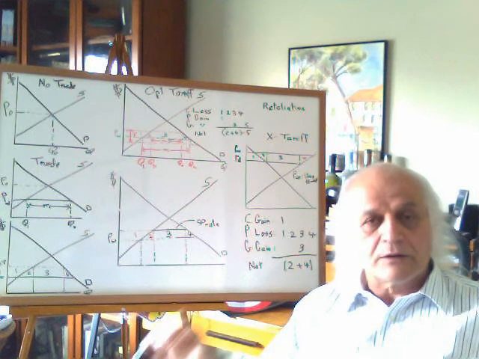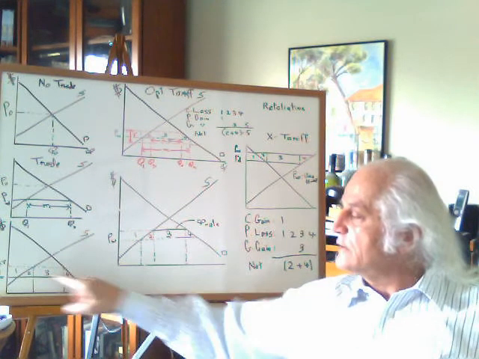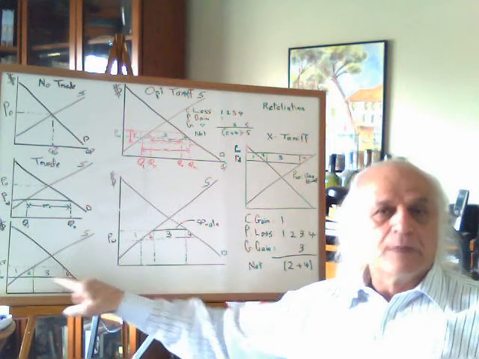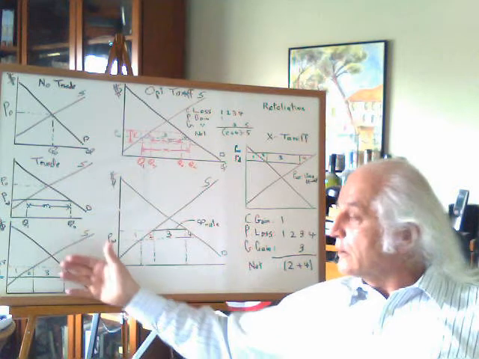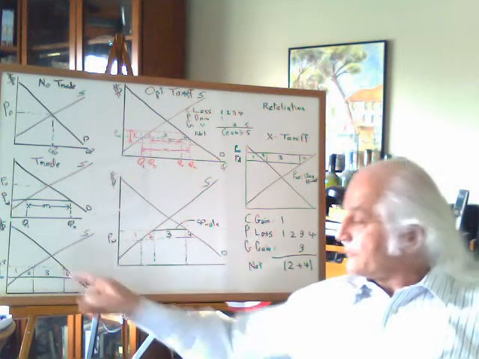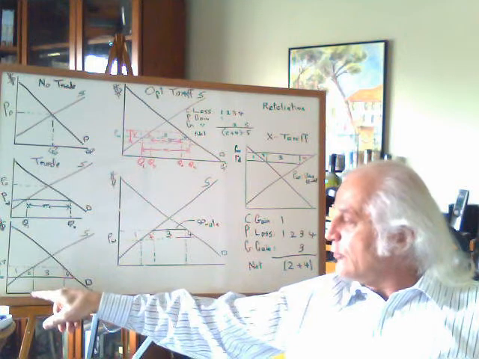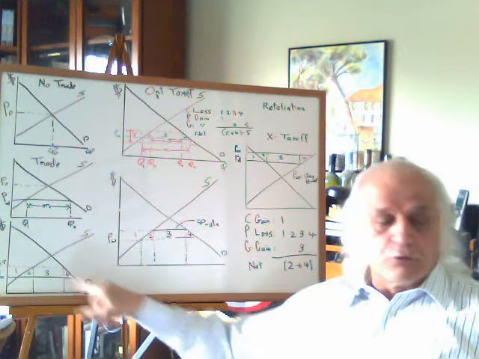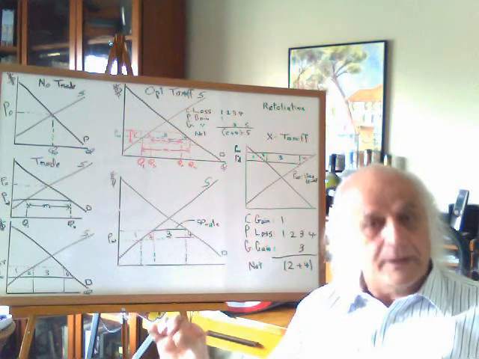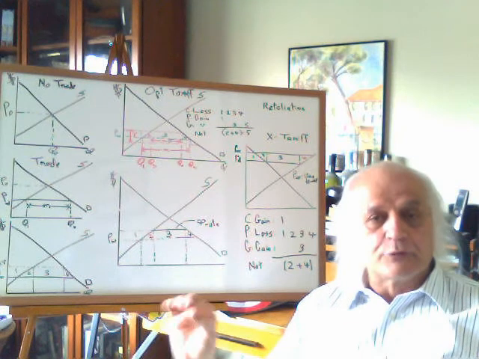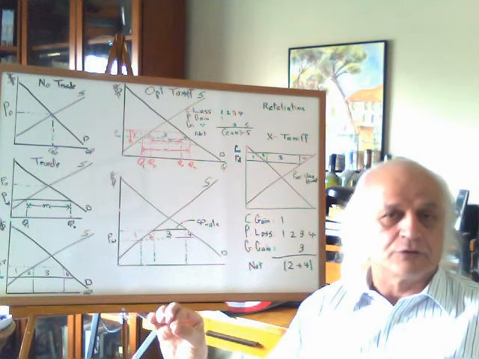What is the dead weight loss of a tariff? It's the total area of these 2 triangles, 2 plus 4. And by the way, if you knew the exact value of each of these coordinates over here, then you'll be able to calculate to the penny the potential loss in welfare due to a tariff.